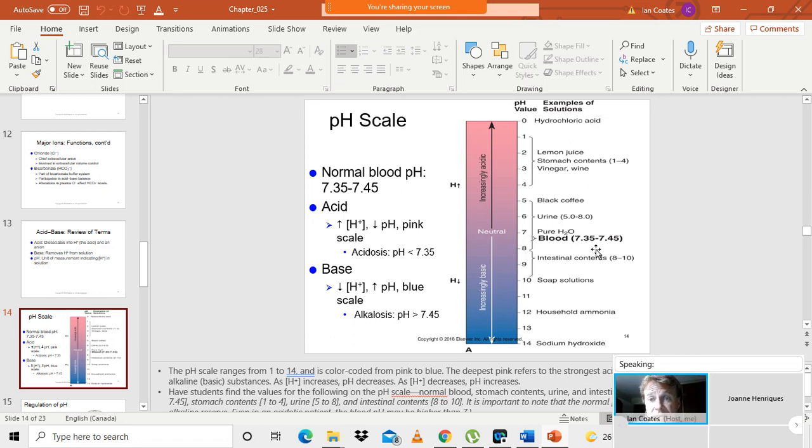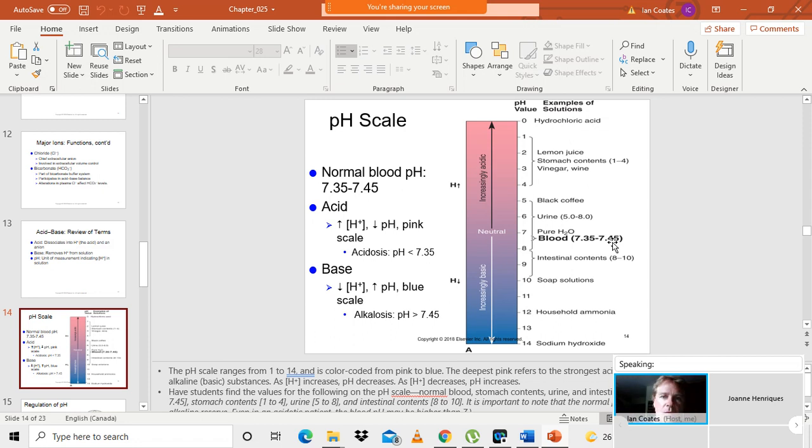Your blood does not change pH because it has buffers in it. Carbon dioxide coming around on its way to the lungs gets converted into bicarbonate, which now acts as a buffer and keeps the blood within this range. 7.35 to 7.45 is an amazingly small range for a pH.